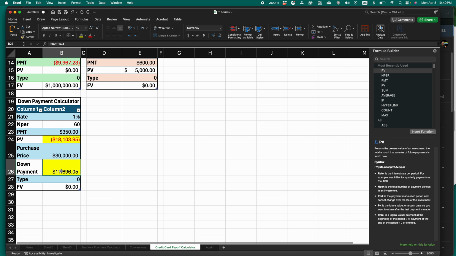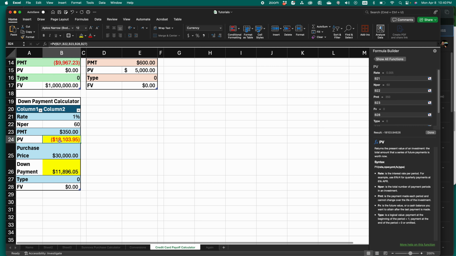Basically what the PV is saying right now, ignore this for a minute, is that based on a 6% APR on a 60-month loan, you could buy an $18,000 vehicle and keep your payment at $350 with no down payment, okay?